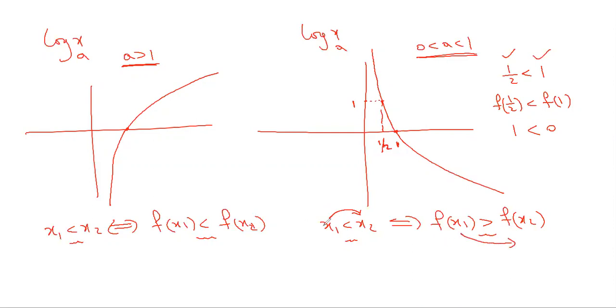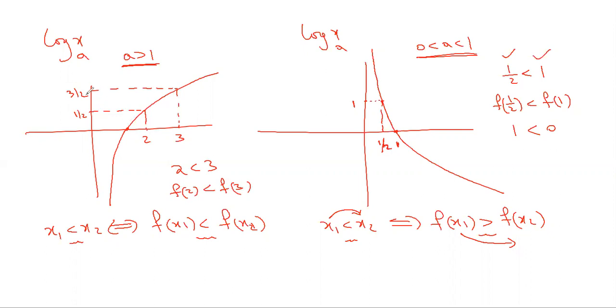Whereas in an increasing function, if you move from left to right, suppose this is 2 and this is 3. f of 2 is this much and f of 3 is this much. So 2 is less than 3, and suppose f of 2 is half and f of 3 is 3 by 2.